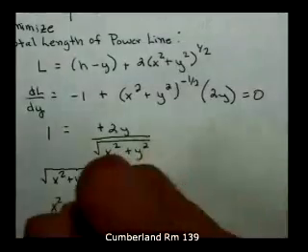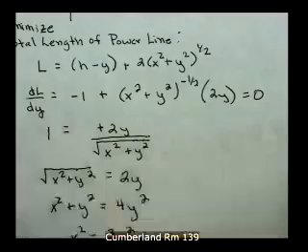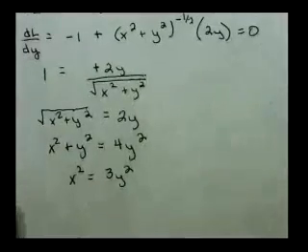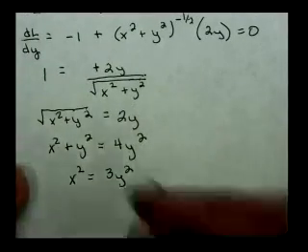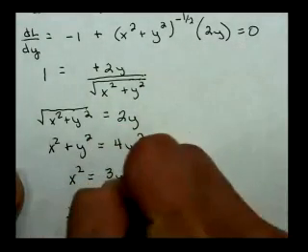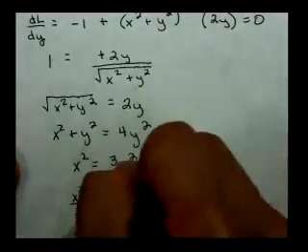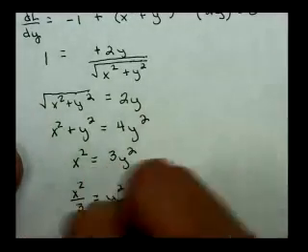Subtract Y squared from both sides. Divide by 3. And then take the square root of both sides.